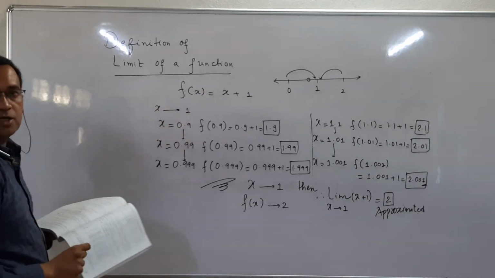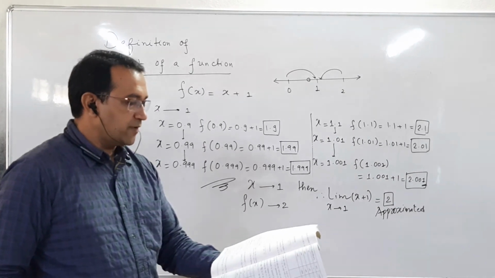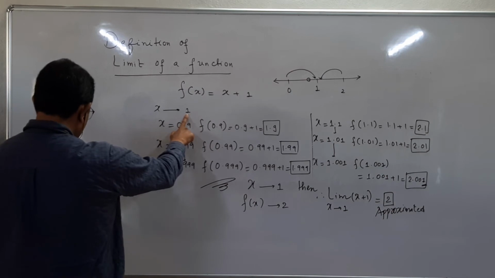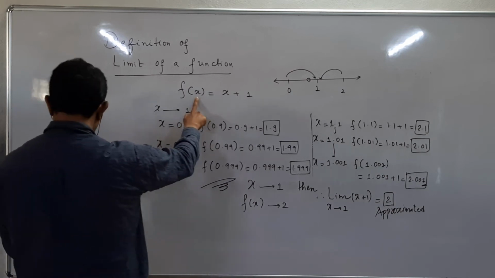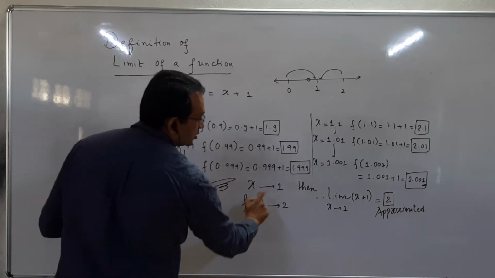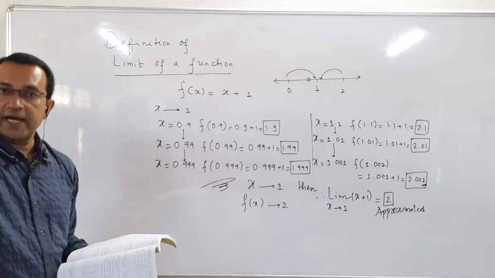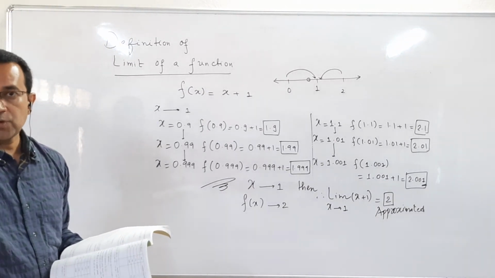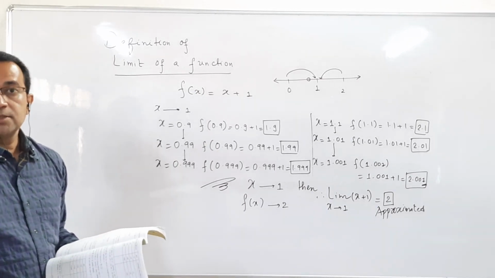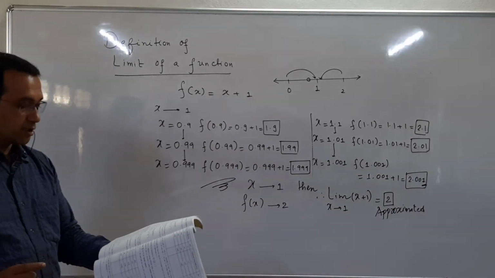When the value of x is brought closer and closer to 1, the value of the function f of x is brought closer and closer to a definite number 2. Yes or no?